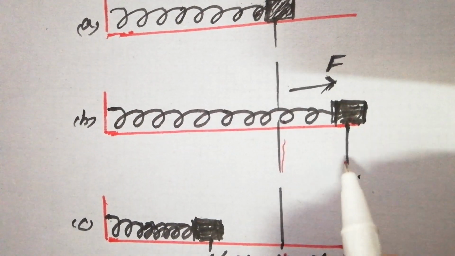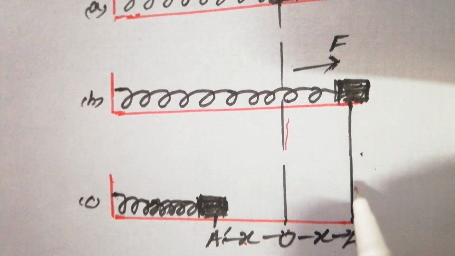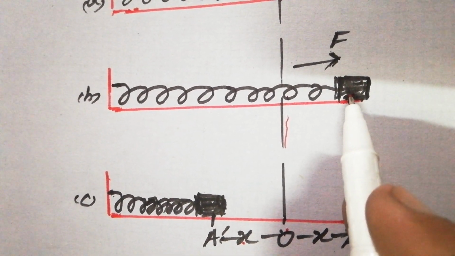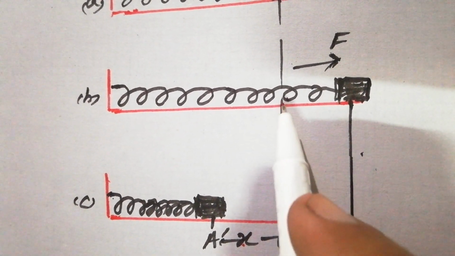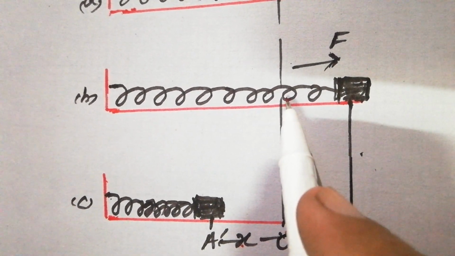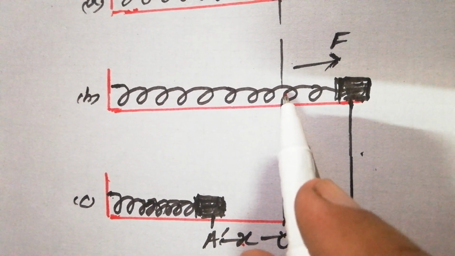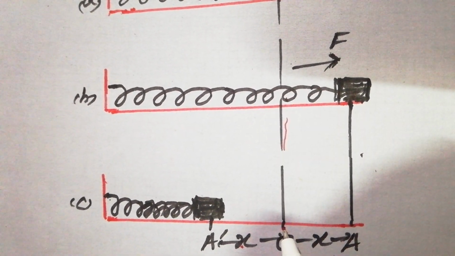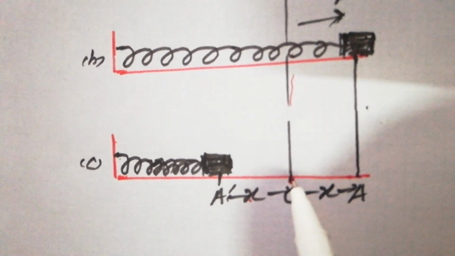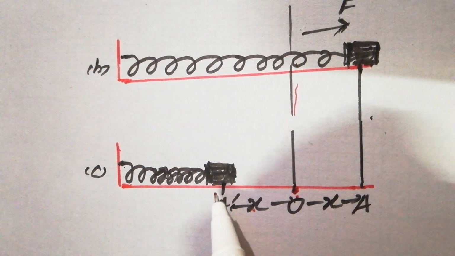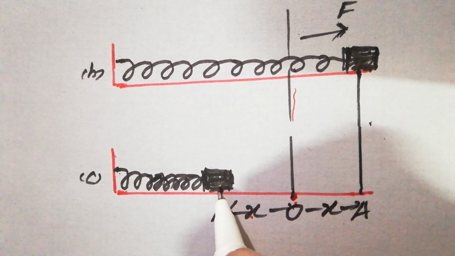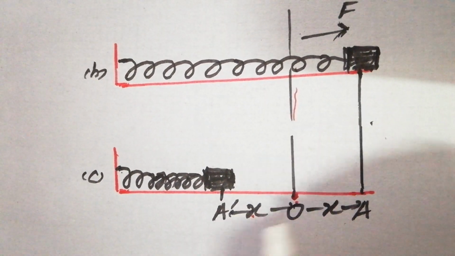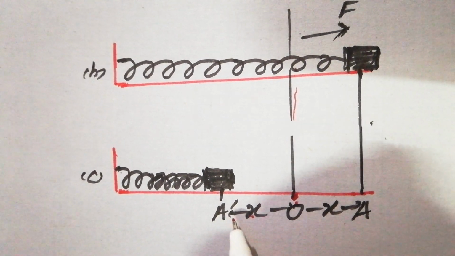If we remove the force at this extreme position, then the body will start its motion in the left direction under the application of restoring force. This body will not stop at point O, the mean position, due to inertia, and it covers equal distance in the left direction. So it will oscillate between A and A dash.